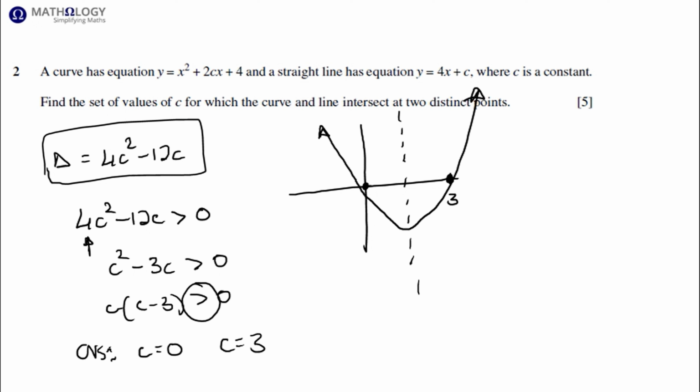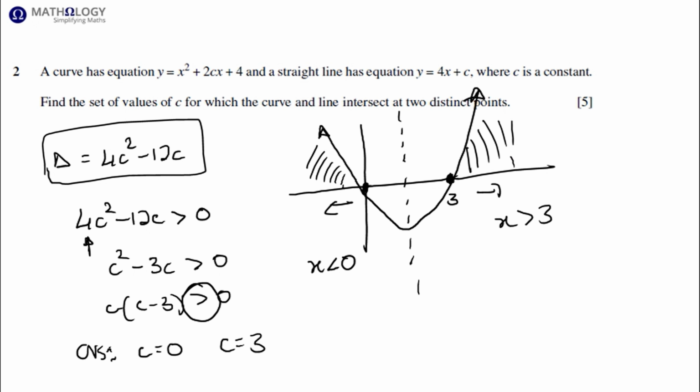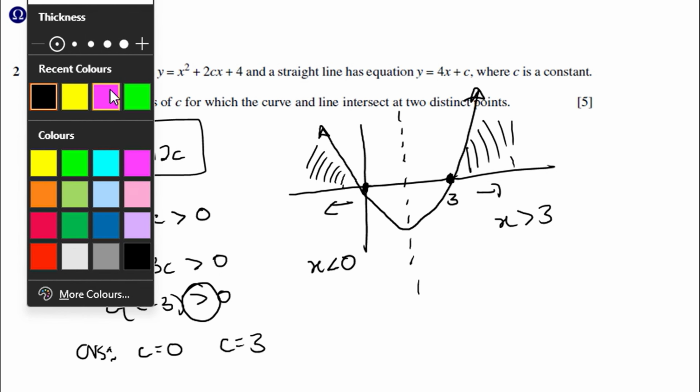We are now looking for positive y values. So in this region here, when x is less than 0, the function points up, and in this region over here, for x greater than 3, the function points up.